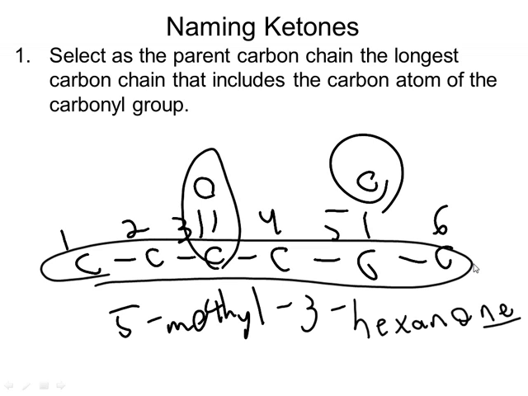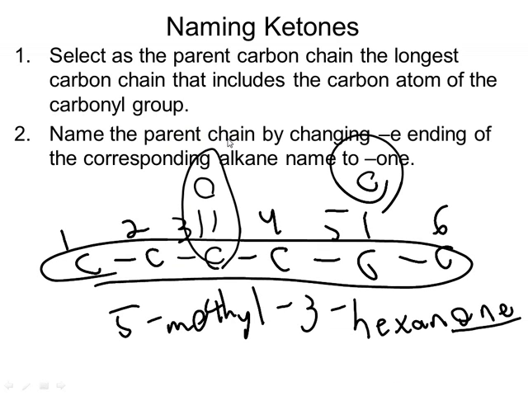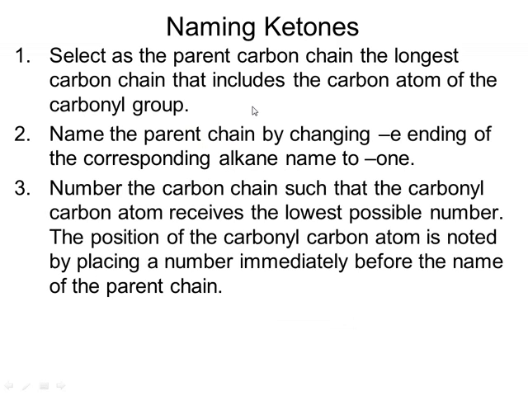Hexanone. The ending -one indicates a ketone. That's basically all there is to it. And then say any substituents. As with other functional groups, the parent chain must include the carbonyl carbon, and we do have to give it the lowest possible number.